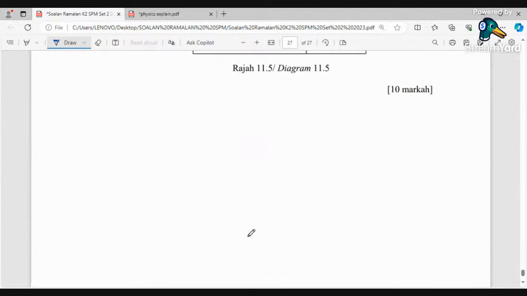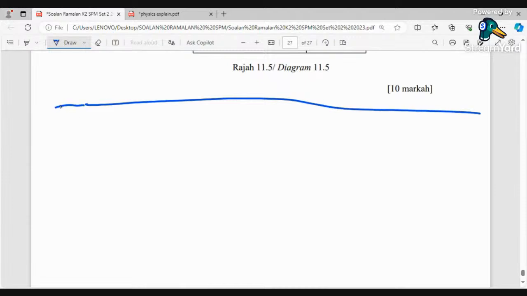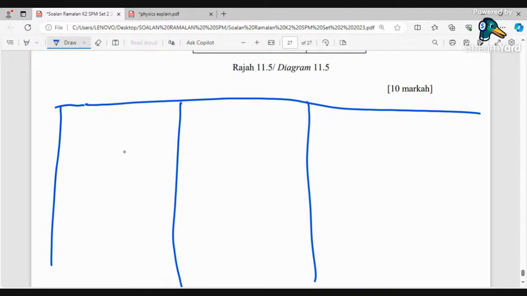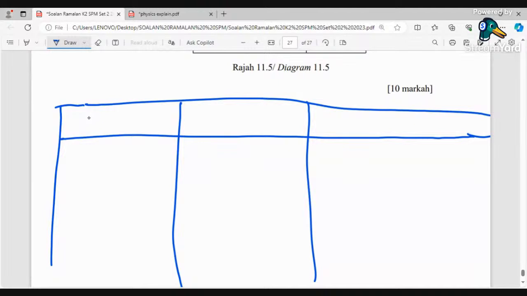Boleh buat table juga yang ni. Modification ataupun suggestion. Ini dia punya reason.